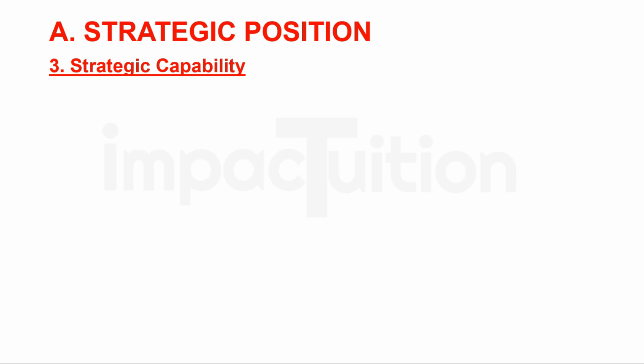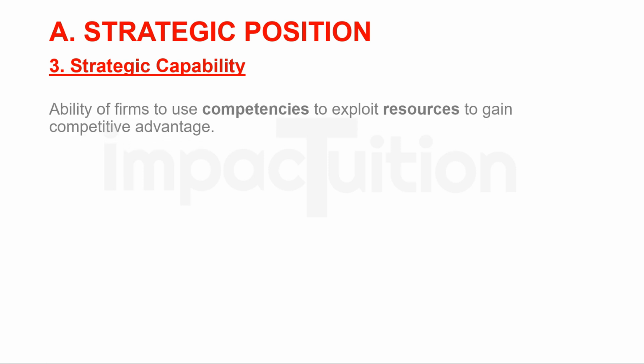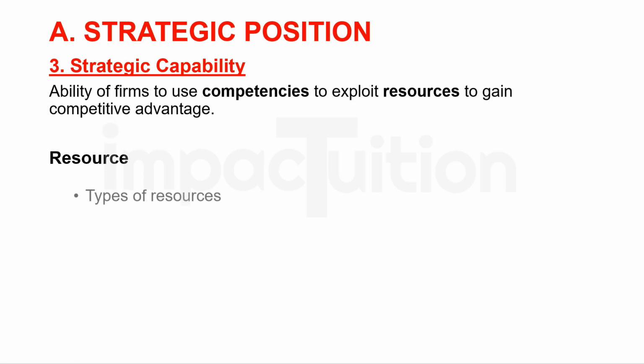Still under strategic position, the final key issue is strategic capabilities. Strategic capabilities talks about the ability of firms to use their competencies to exploit the resources at their disposal to gain competitive advantage. We will discuss resource and the type of resources.